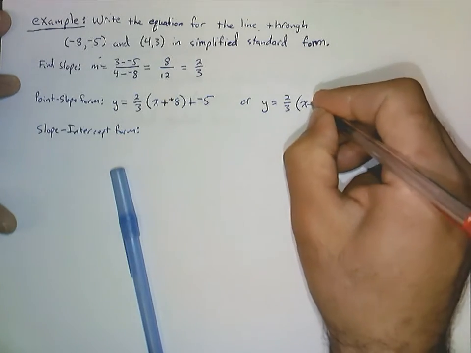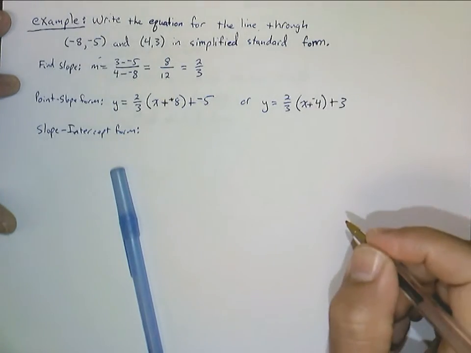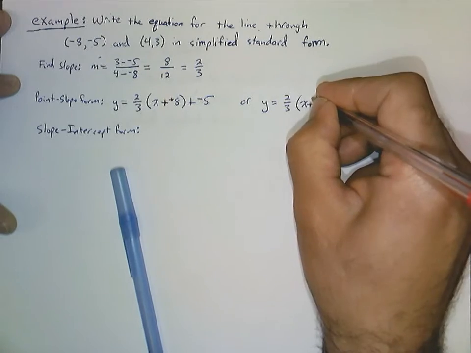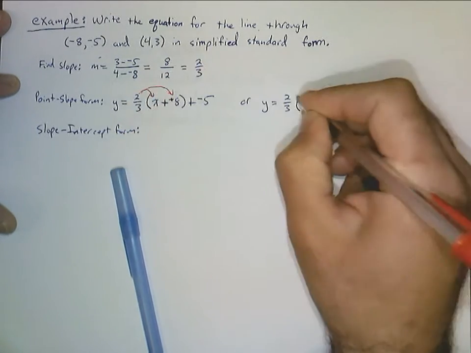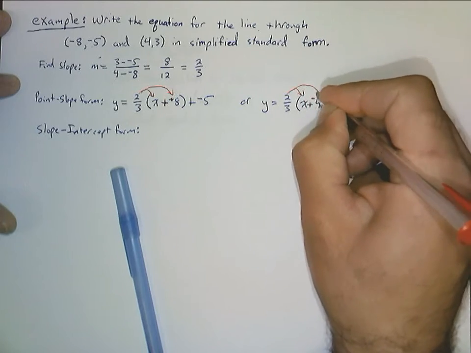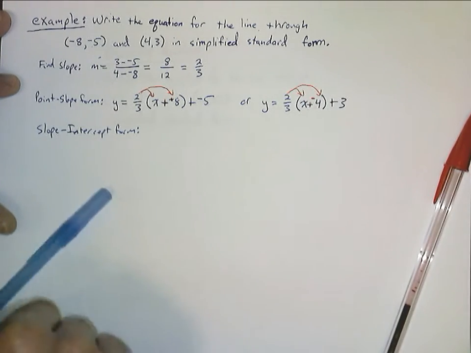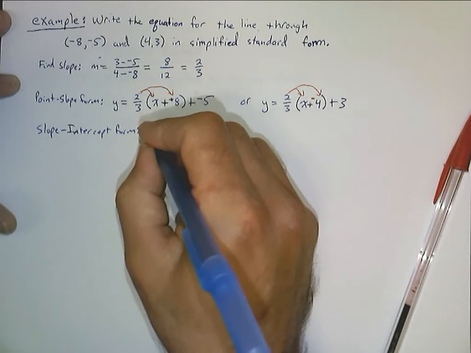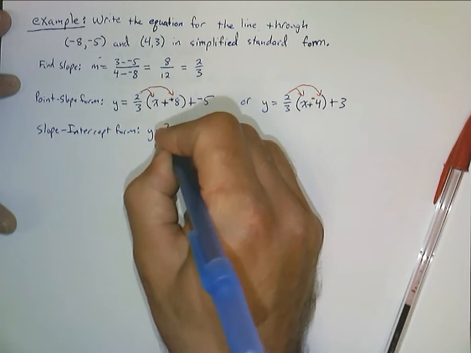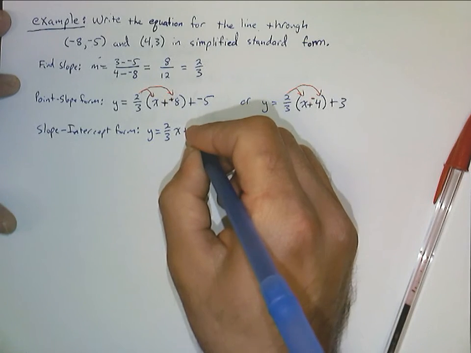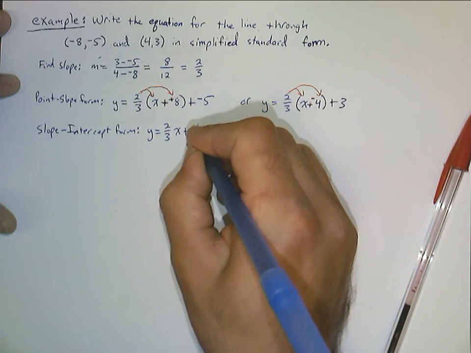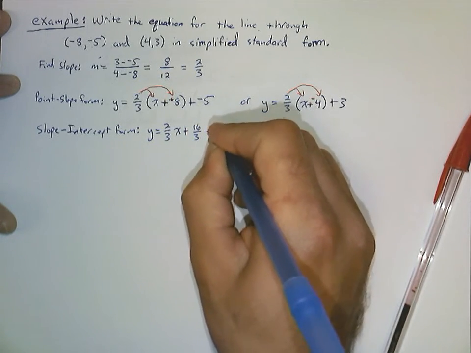And I can change this to plus -4, so you don't have to worry about that too much. Now I'll just distribute in the 2/3 here, and I'll even do this to both equations at the same time. So we get y is equal to 2/3 times x plus 2/3 times 8 would be 16/3 plus -5.